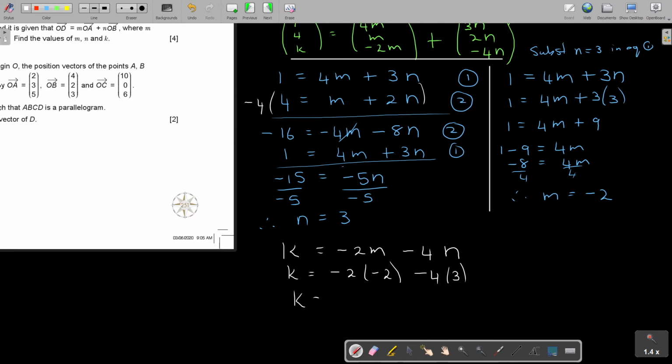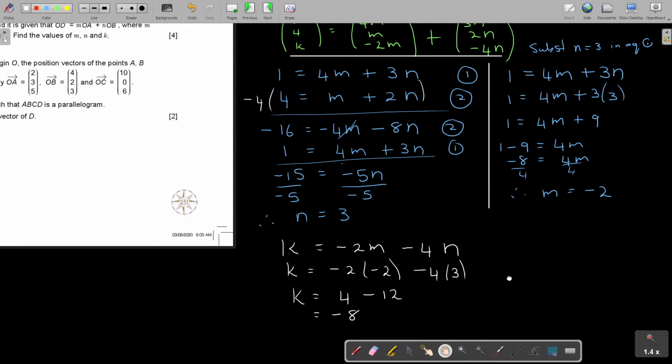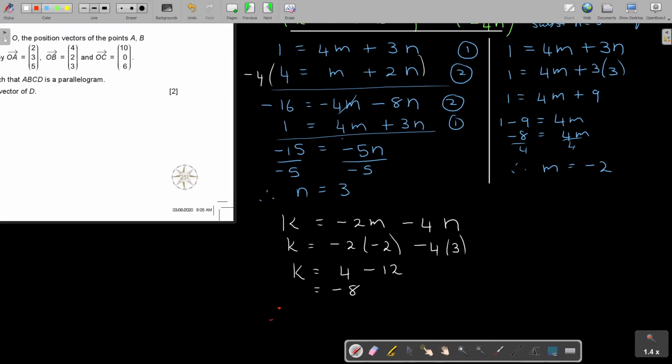So k is equal to 4 minus 12, and that is negative 8. Okay, so I can end up by saying, therefore, n is 3, m is negative 2, and k is equal to negative 8. Okay, and that's how you do number 2.